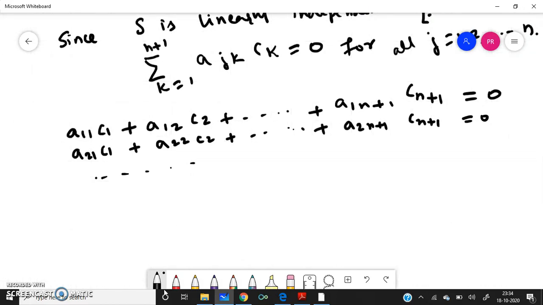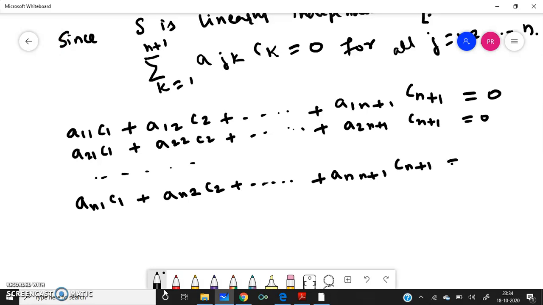The last one is An1 C1 plus An2 C2 plus and so on plus An n plus 1 Cn plus 1 equal to 0.